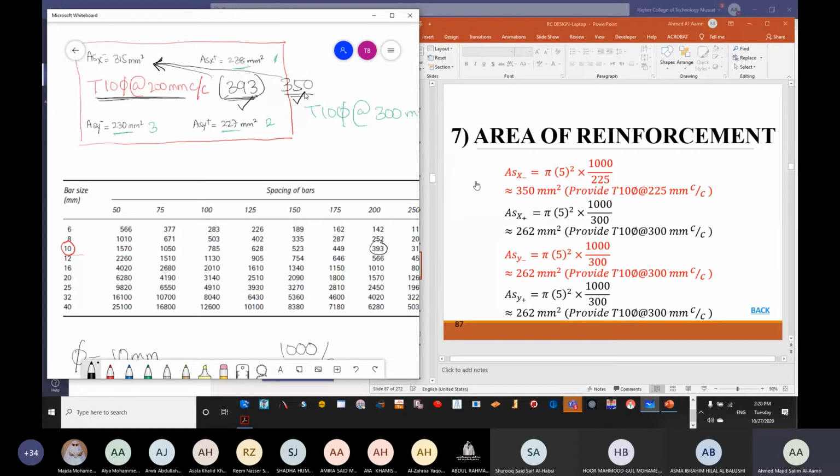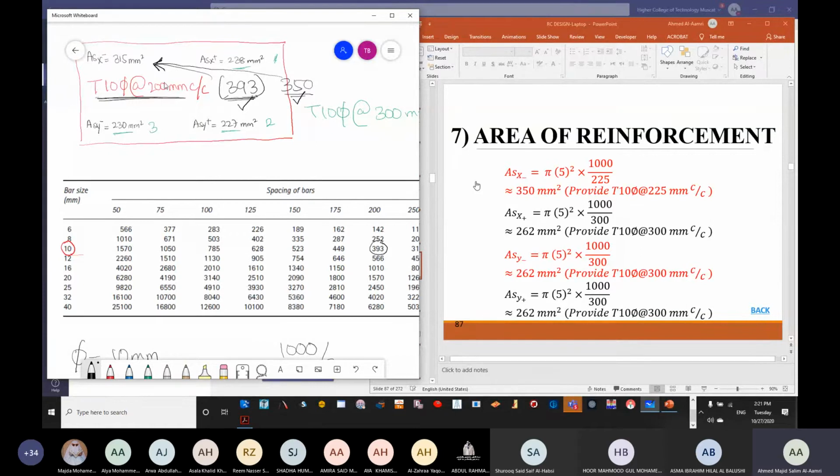What about 449? 449 is having a spacing of 175. So 1000 divided by 175 multiplied by the area of 1 bar, you will get 449. Are we clear? Always you should be taking something more than the required, but you shouldn't take a value which is very far.